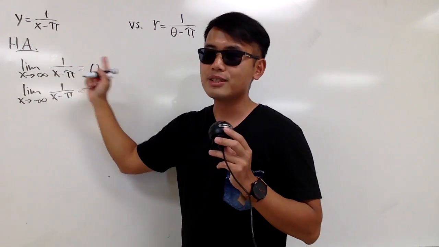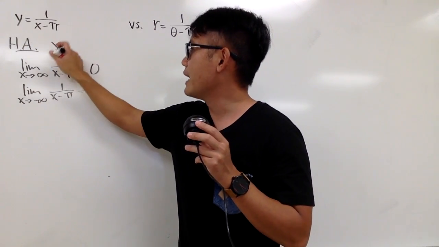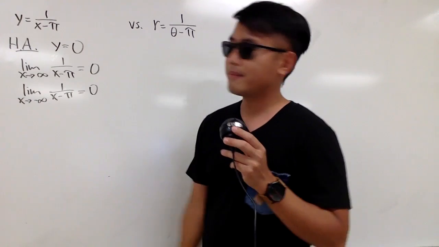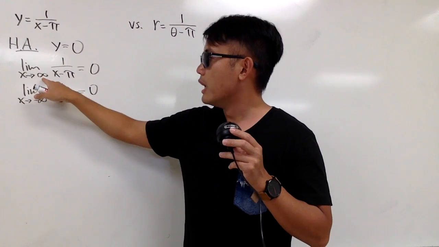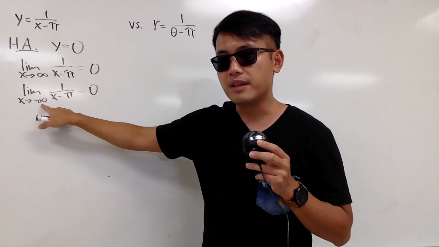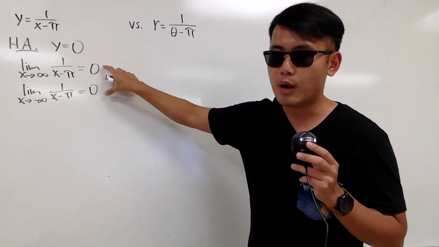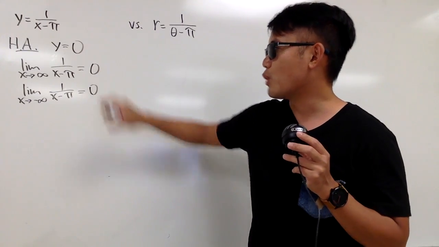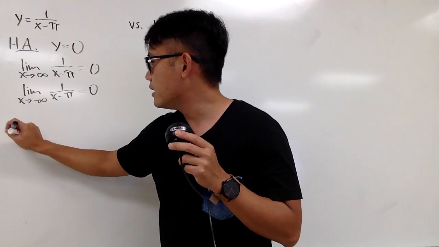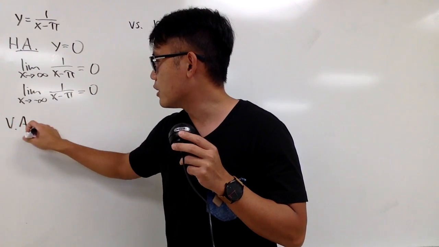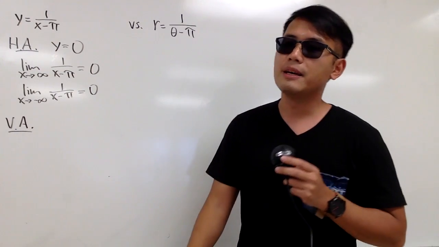Therefore, the horizontal asymptote in this situation is just y equals 0. So remember, for the horizontal asymptote, we want x to approach positive infinity or negative infinity and look for the y values, right? And in this case, we don't have more than one y value, so that will be the only horizontal asymptote.